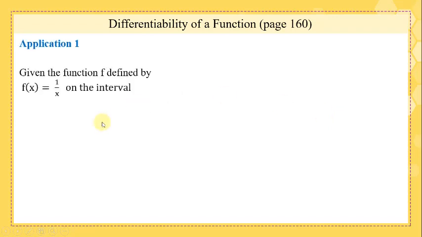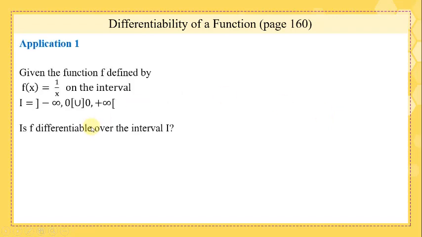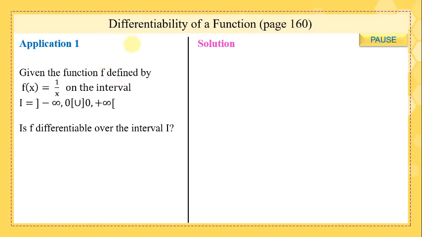Application. Do it by yourself. You have f of x equal 1 over x defined over interval I. I ask you if f is differentiable over interval I, the same interval.